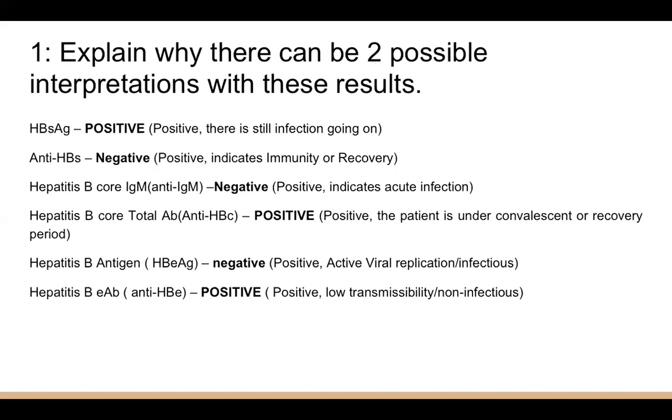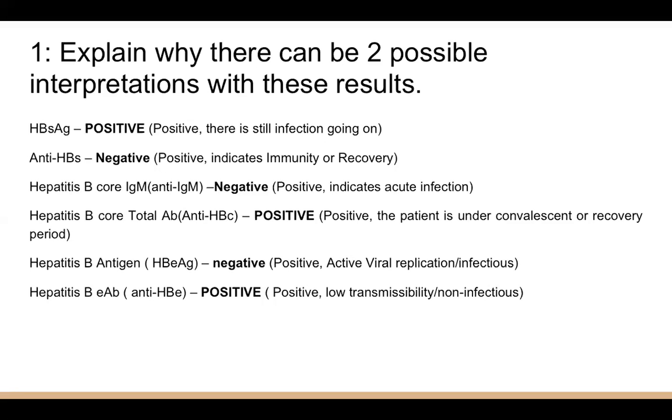Next is the hepatitis B core anti-IgM, which is negative. If it's positive, it indicates acute infection. Next is hepatitis B core total antibody or anti-HBc, which is positive. Positive indicates the patient is in the convalescent or recovery period.